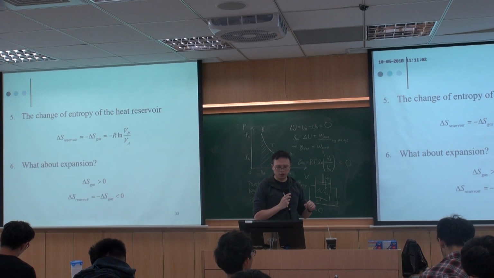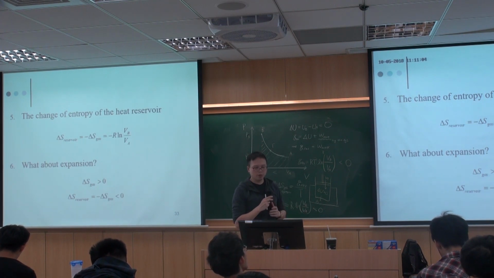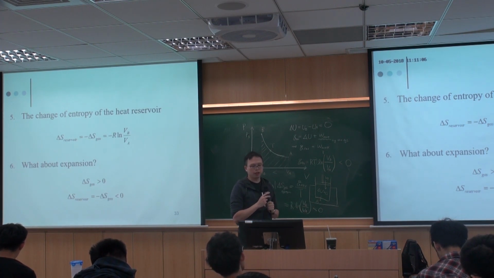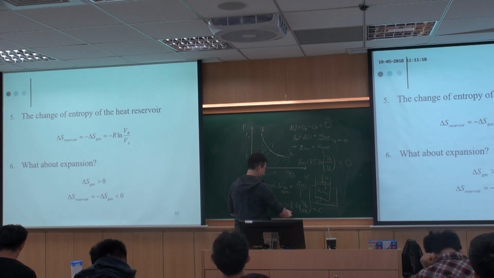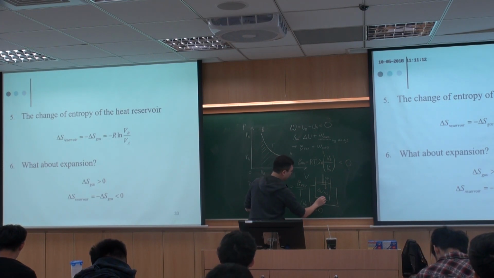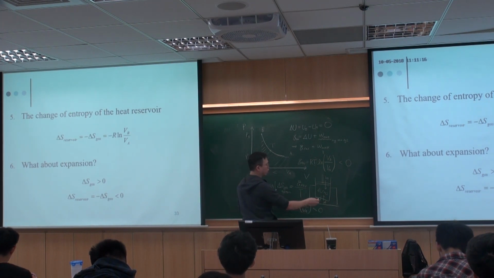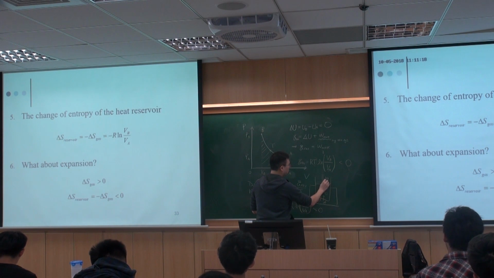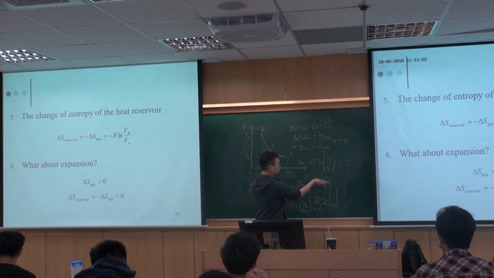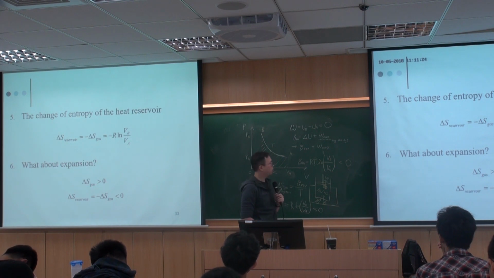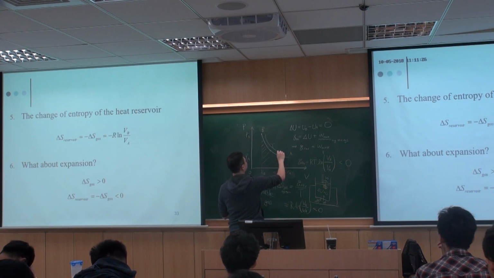And for the opposite operation, that is the expansion, it's the opposite flow of Q. So the heat is flowing into the system, and the system will be doing work to the outside because you're expanding the gas, from here to here.